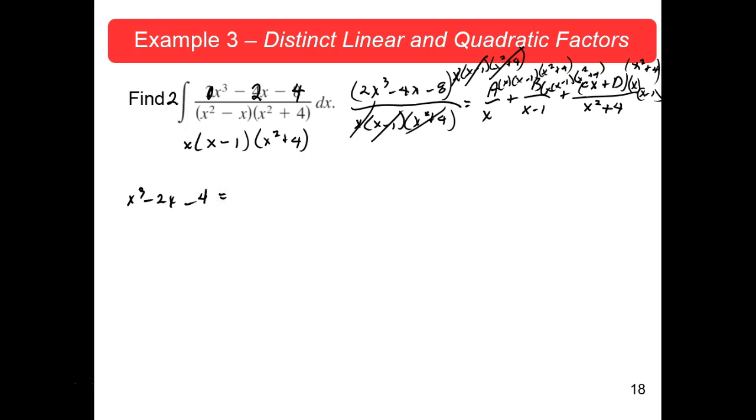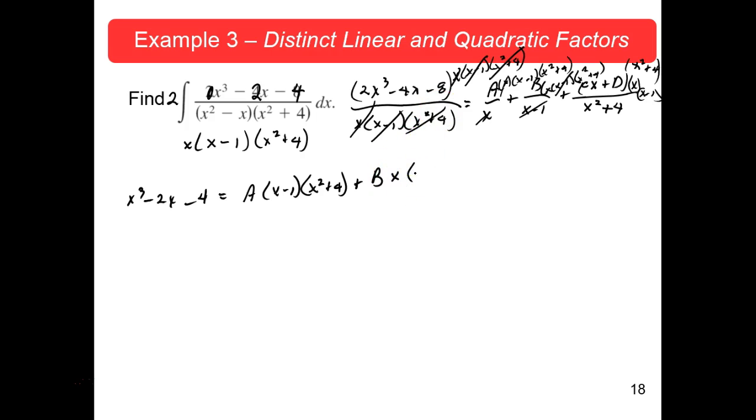Now, on the right-hand side, in the first term, the x's go out, and you're left with a times x minus 1 times x squared plus 4. Continue. B. Okay, the x stays, but the x minus 1 leaves.